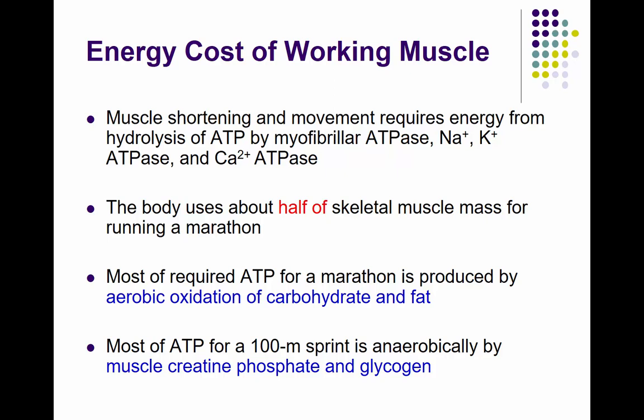And the body uses about half of the skeletal muscle mass for running a marathon, and this is important to help us understand why muscle will use fat for energy when we sprint later. Just keep in mind, when we're running a marathon, only half of the muscle is involved in the exercise.